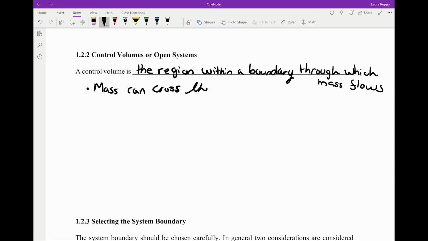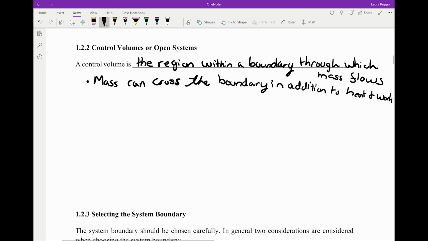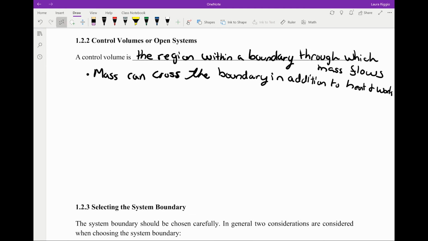So mass can cross the boundary, in addition to heat and work.